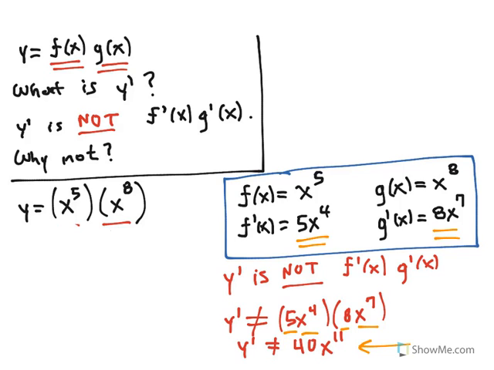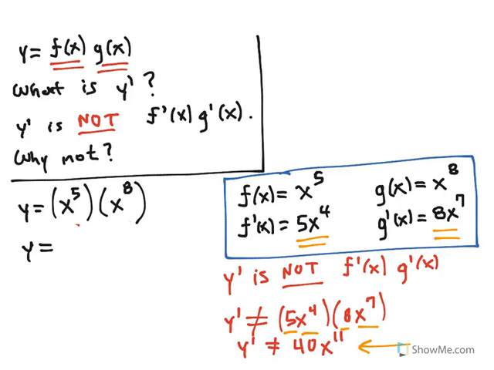Consider this. Suppose you begin with the function that y is, the product of these two differentiable functions f and g. But instead of doing what we did here on the bottom right side of our screen, suppose you begin by multiplying f and g before differentiating.